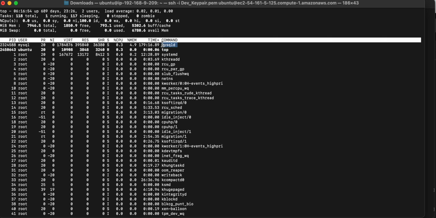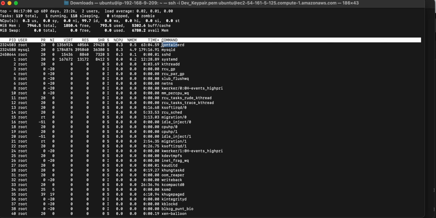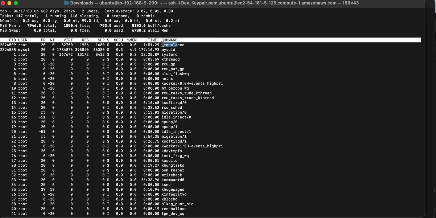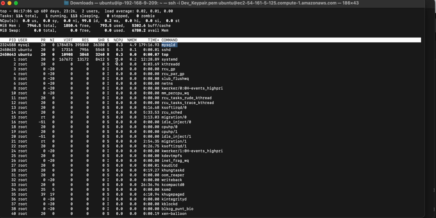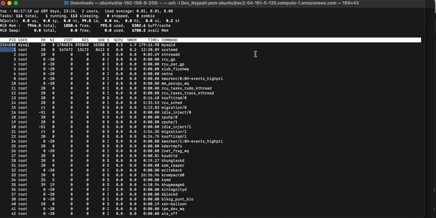Let's suppose there's some orphan process which you don't want to run, but it is running and consuming your memory. You can type the kill command and provide this process ID. It will stop that process. So PID is for process ID or process identifier.